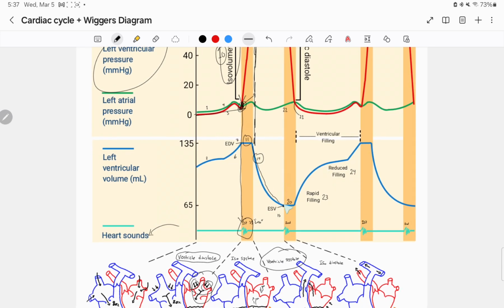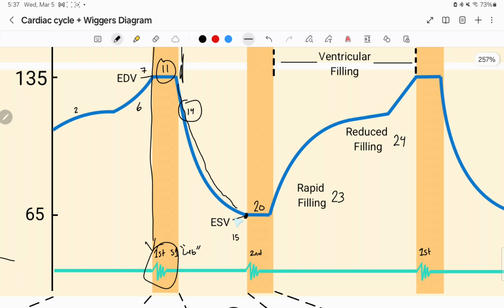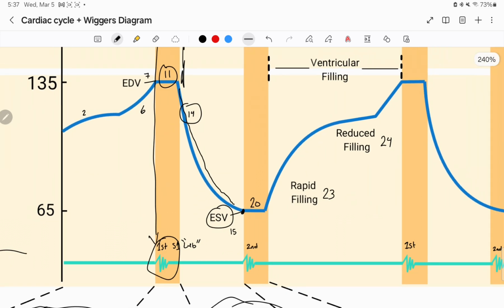It'll continue to go down until the end of ventricular systole, where at that point we stop contracting, we stop ejecting blood, and we are left with this volume of blood in our ventricle called the end systolic volume. And that, guys, is about 65 milliliters at rest.